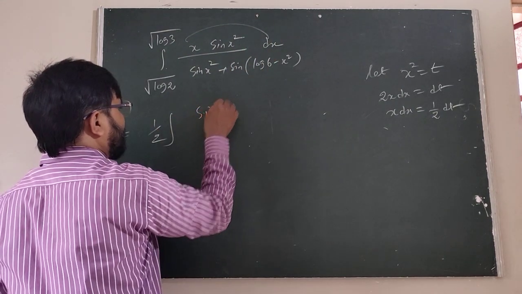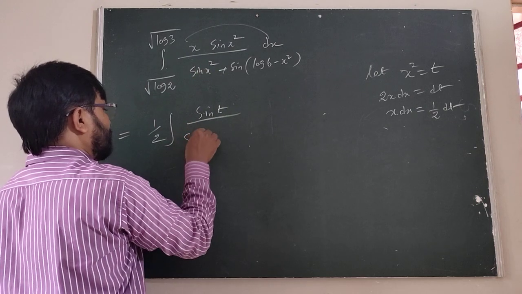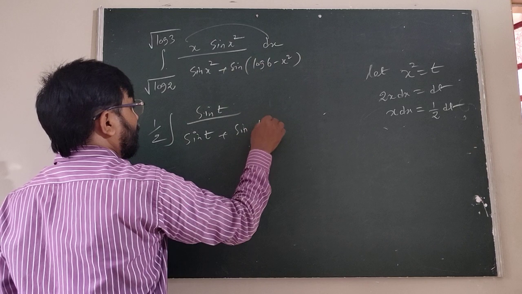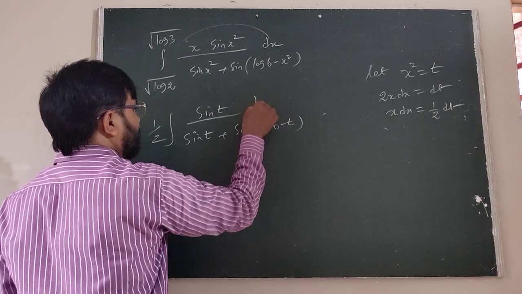This is sine of t plus sine of log 6 minus t dt.